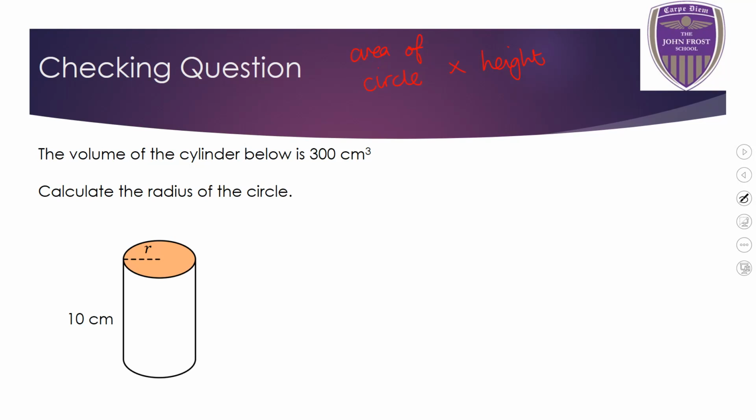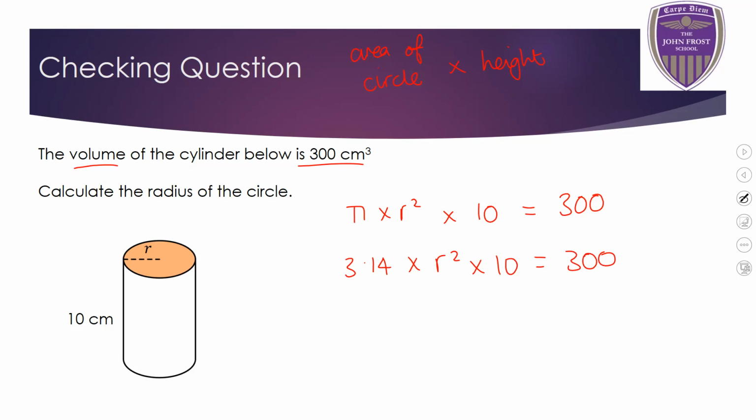So we're saying that pi times r squared, then times 10, because that's what the height is, equals 300. I'm telling you in the question that the volume is 300, so it's like working backwards a little bit. We also know pi is 3.14, isn't it? So 3.14 times r squared times 10 equals 300.